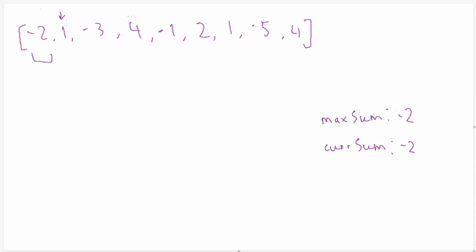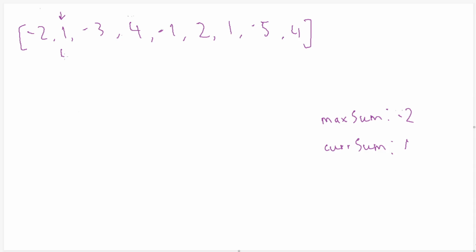Now we know that our current sum, the part of the array that we've looked at so far, is below 0, and we don't like that. So we automatically move our pointer on by setting the current sum equal to 0 and then adding the current value, which is 1.